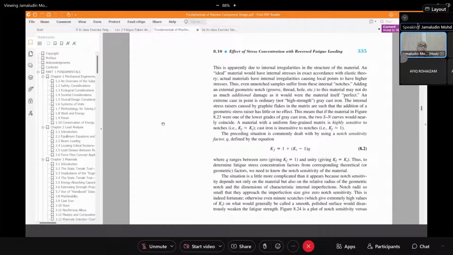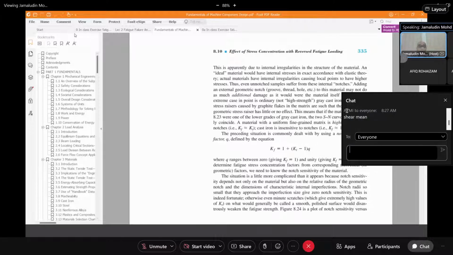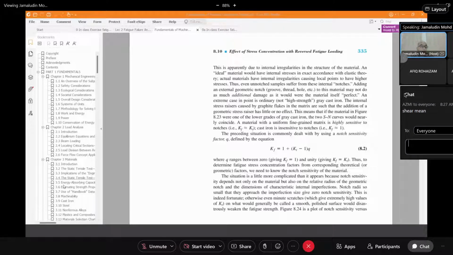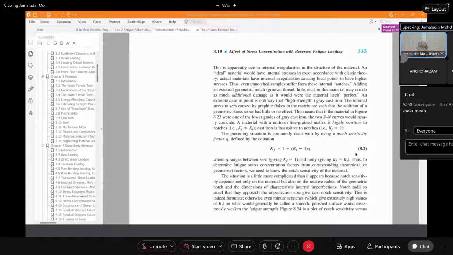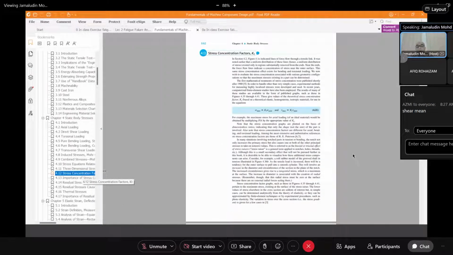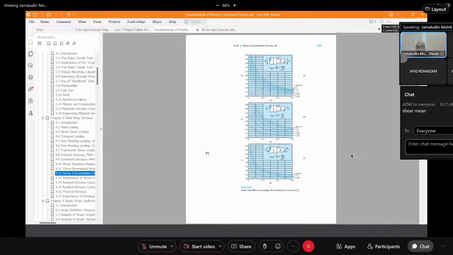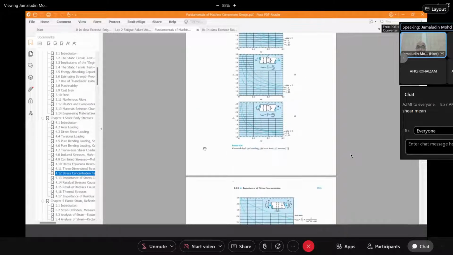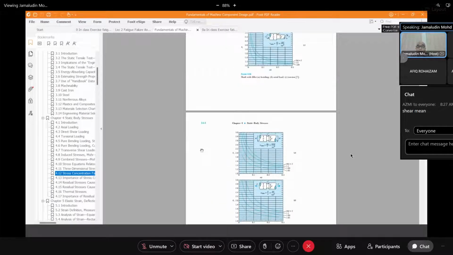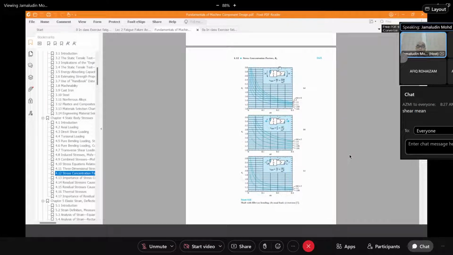In chapter 4, there are so many tables: stress concentration factor, equations. Remember, there are so many figures that you have to identify which figure to look for. Our case is going to be a shoulder. We select the first figure for moment, and the third figure for torsion. Let me show it here now.